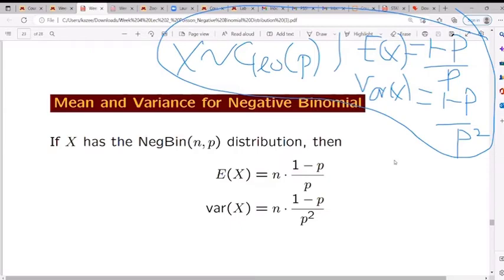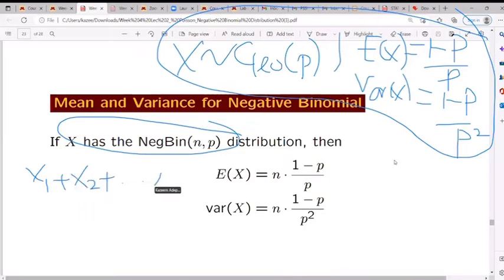If I want to get the negative binomial distribution, since I know it is a generalization of the geometric distribution, what I'm going to do is, don't forget, add up each of the geometric distributions.